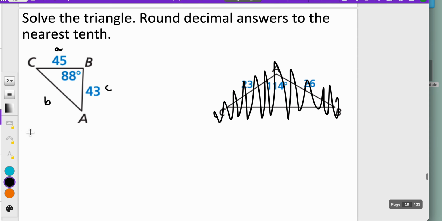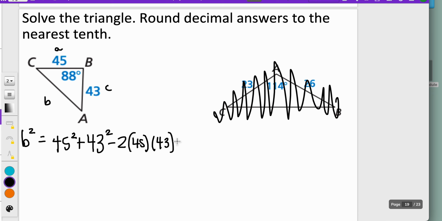So that means I'm going to say B squared is equal to A squared, which is 45 squared, plus C squared, which is 43 squared, and then minus 2 times AC, so 2 times 45 times 43, and then all that times the cosine of angle B. Angle B is 88 degrees, so I'm also going to fill that in right there too.